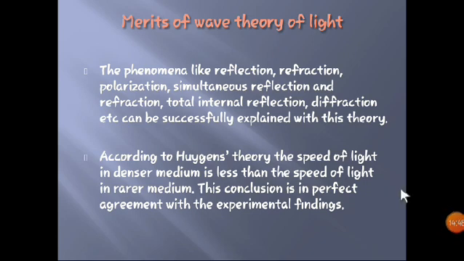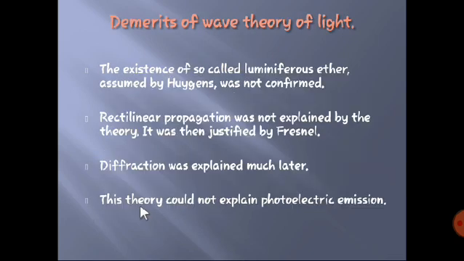And this conclusion is in perfect agreement with the experimental findings, as the speed of light in denser medium should be less than the speed of light in rarer medium. So this has been explained by Huygens.